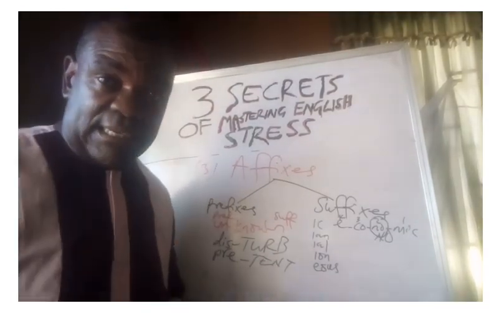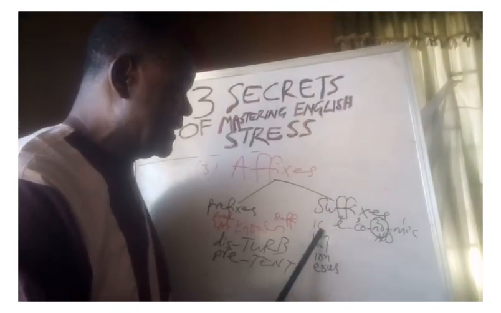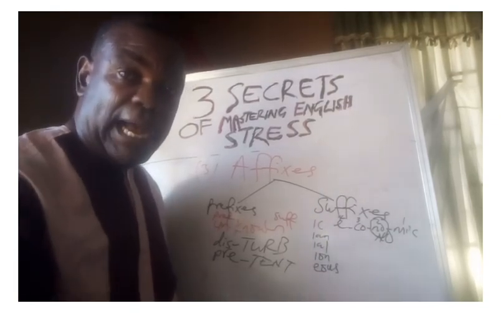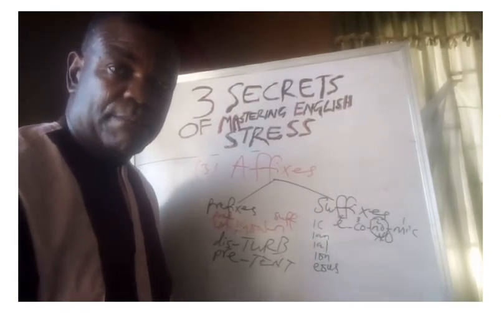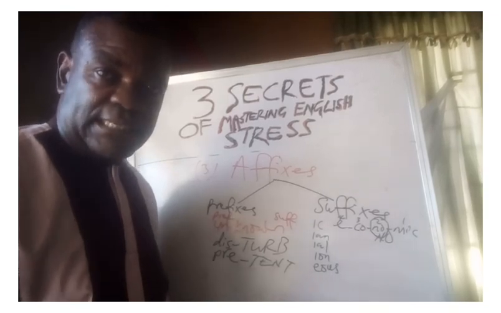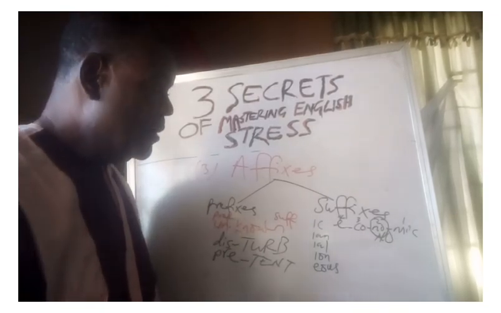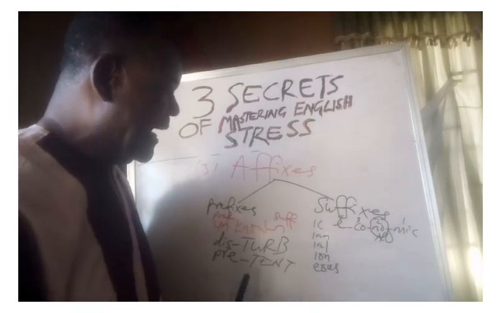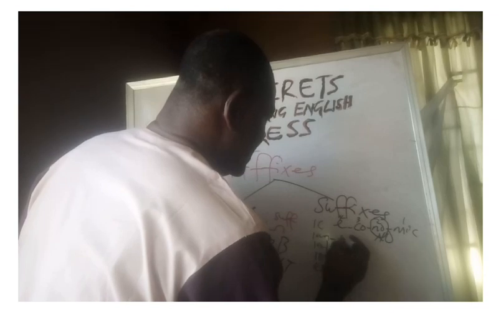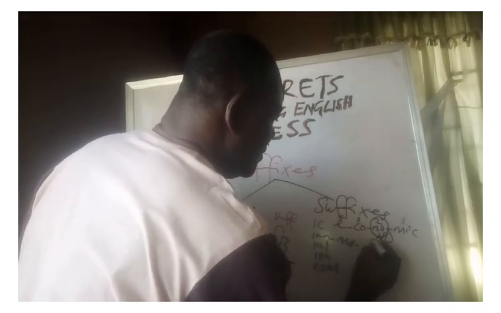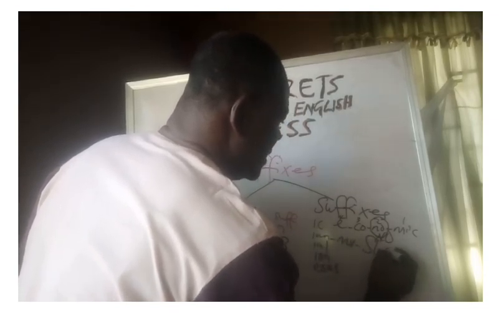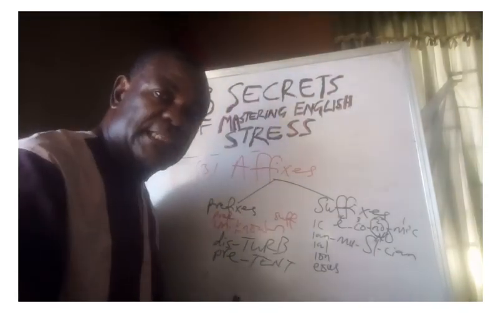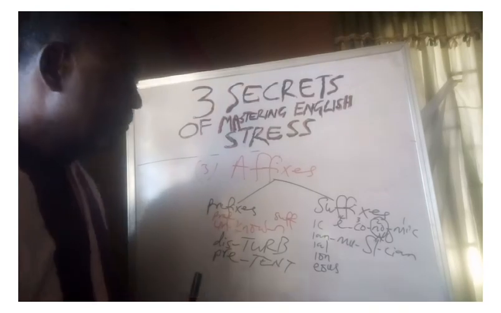If you have other examples of English words that end in IC, like "mathematics", "politics", then you have other words. Here you have a word like "musician", "politician".